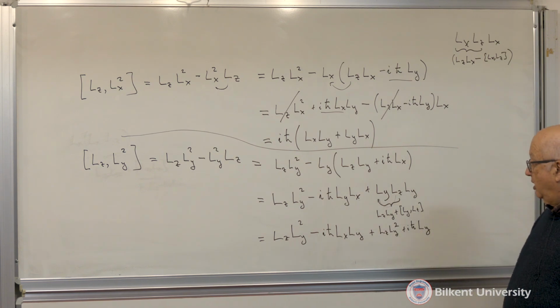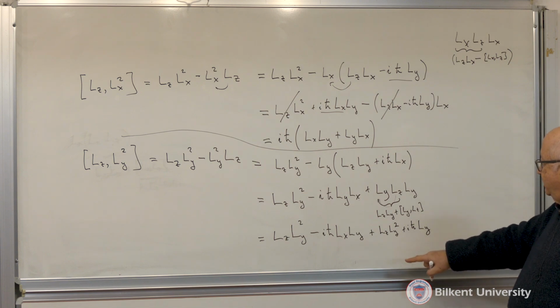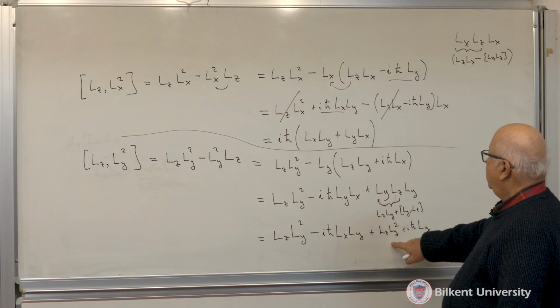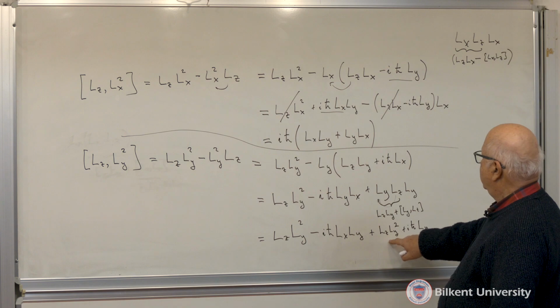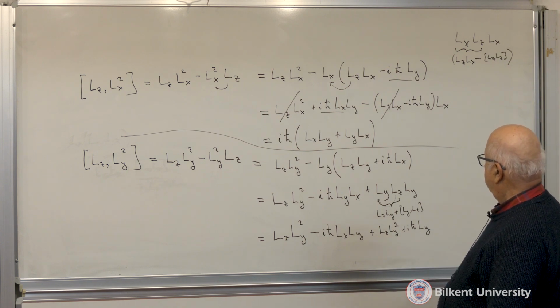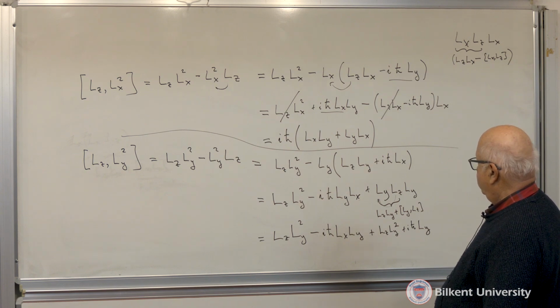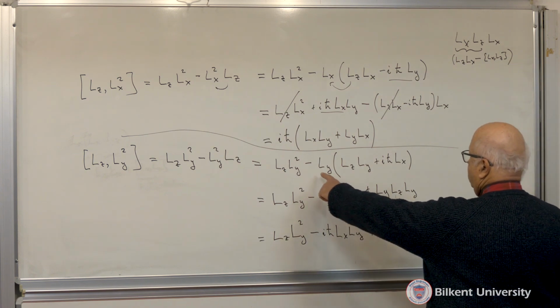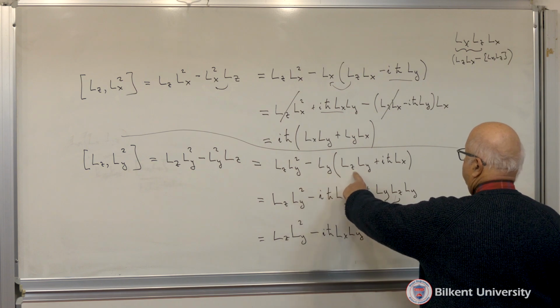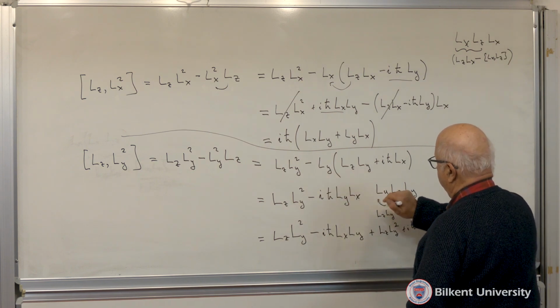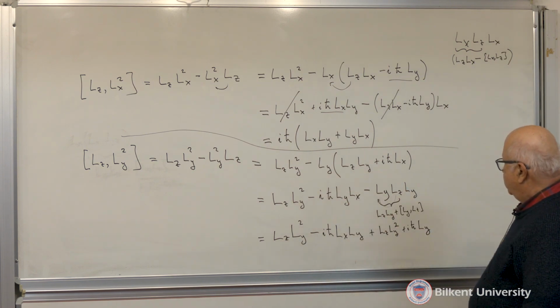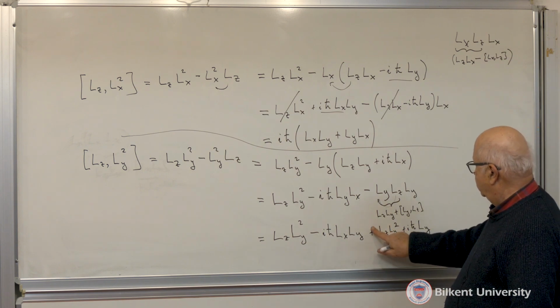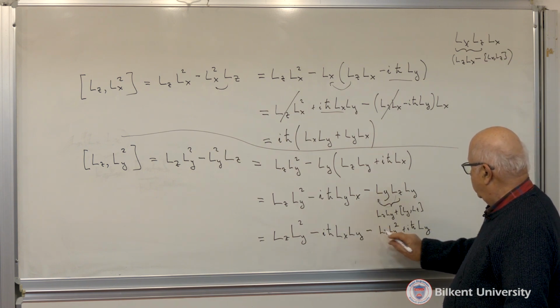Now you see I have generated here a term. Did I do this correctly? Because I should get a minus sign, yes. So this needs to be minus, right? So that I get minus and minus.